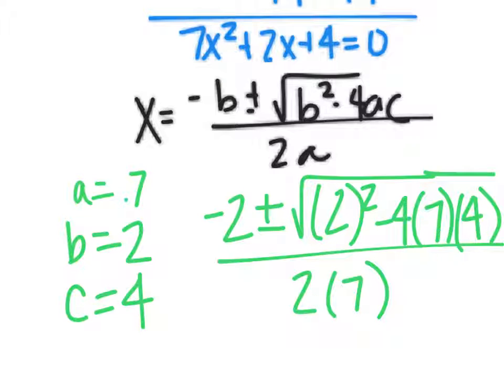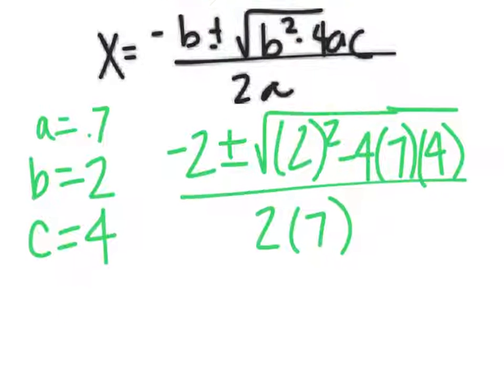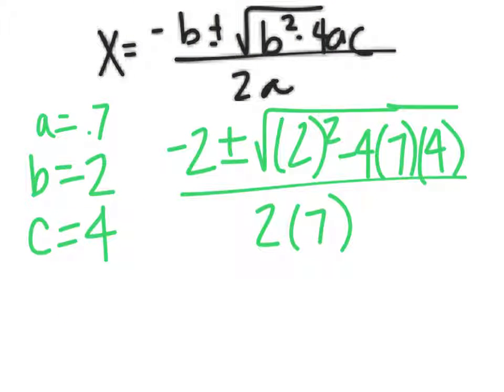So when we go to solve these, the very first thing we've got to do is take care of what's underneath the square root symbol. We've got to simplify that before we move on to anything else. So we have 2 squared minus 4 times 7 times 4. You can, if you want to, plug all of this in the calculator. That's fine. Or you can do it piece by piece. That's fine as well.